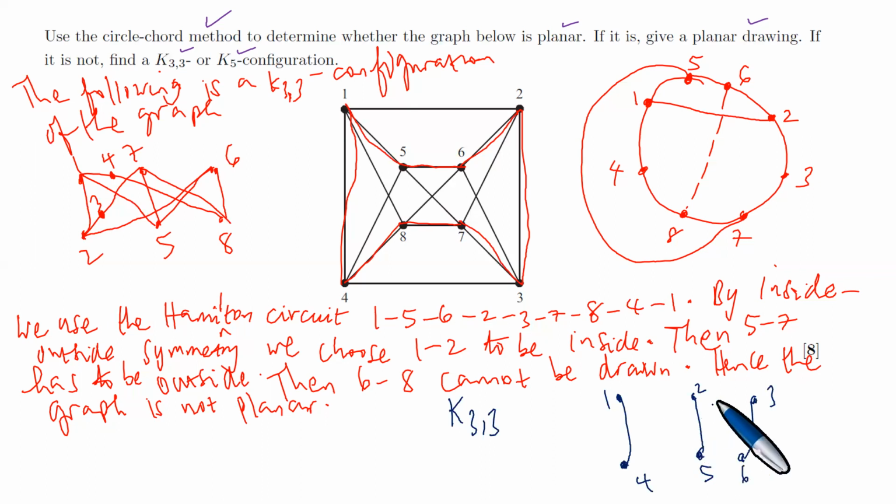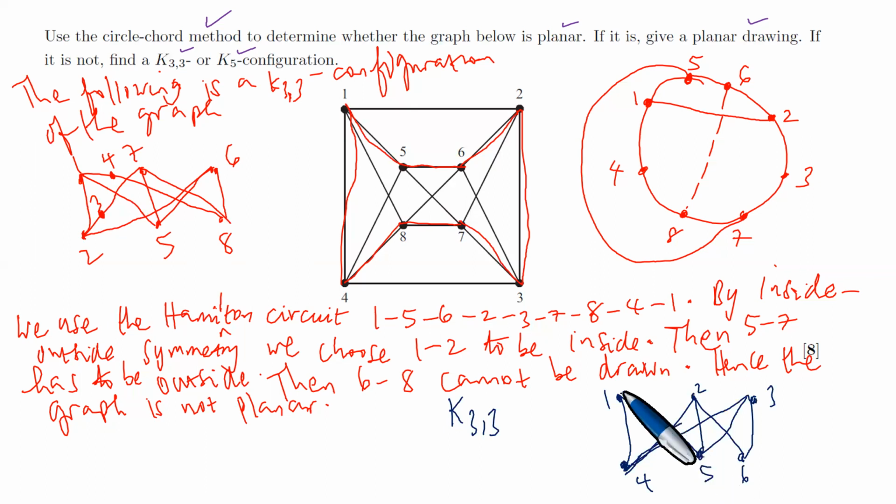But how do you draw it? You must just learn how to draw it because it's always the same, K33. It's always like this. Then you go like that, and then you go this way, and then you go from here to there, from here to there. This one goes from here to there.